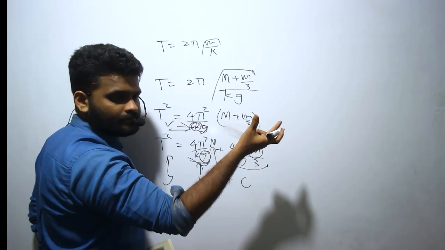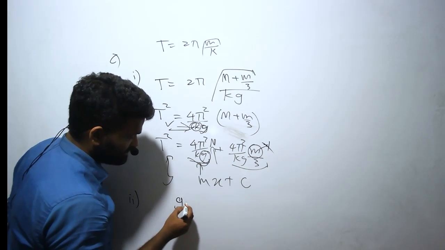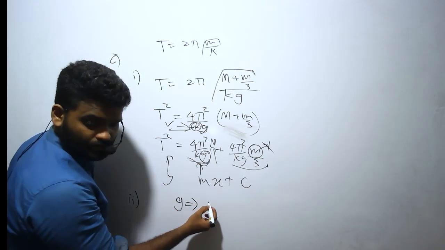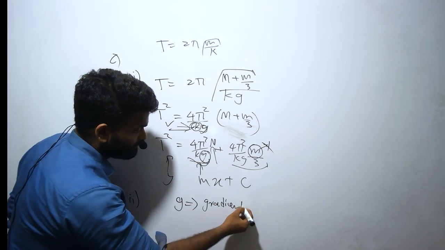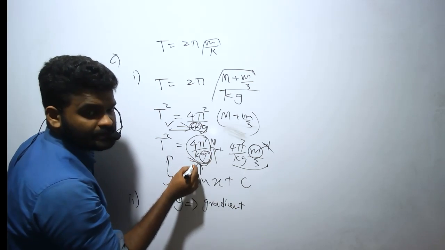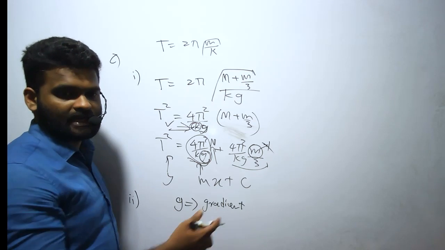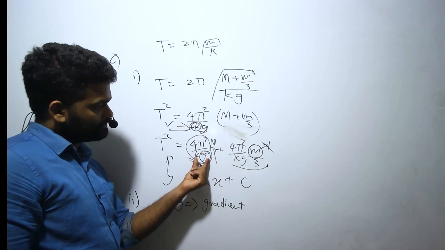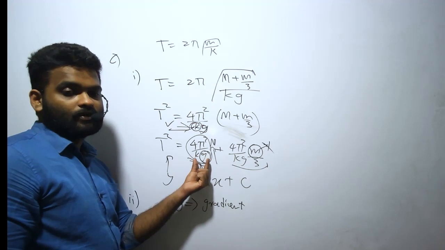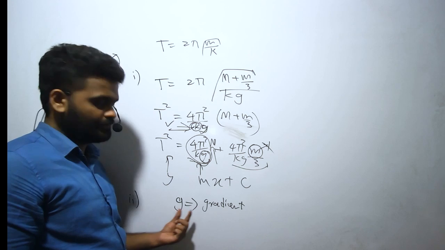You don't know small m. So to determine G, you can determine that using the gradient only. If you substitute values here, you can find G. Got it? They are not asking for the calculation. The only unknown in the gradient is G, so you can find that if you know the gradient.